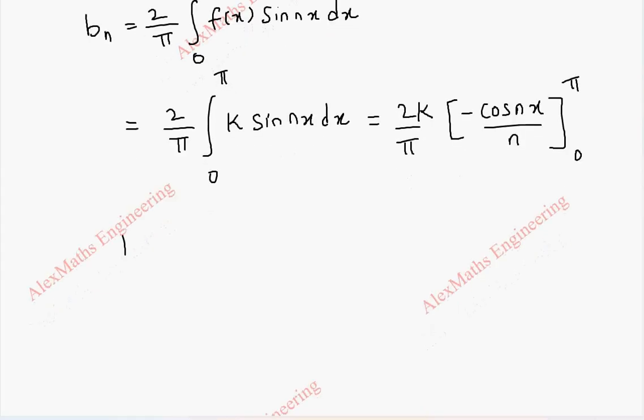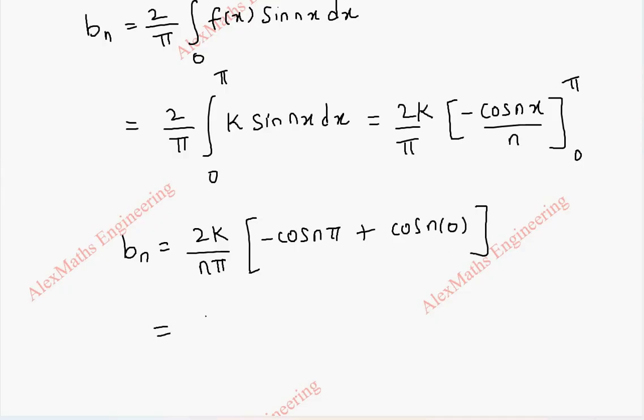We are going to substitute the upper limit. So 2k by n pi, and we have minus cos n pi, minus of minus plus cos n into 0.